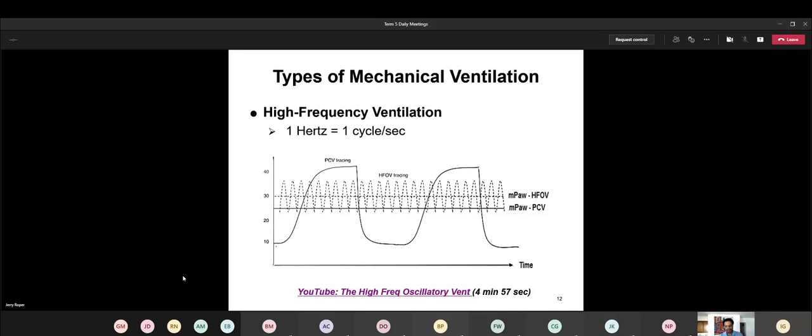So what do we know from this graph? We know that this is 0. There's a PEEP of 10 that we have set. That's our baseline pressure. And our pressure control is set at 30. So our delta P in this example looks to be 30.